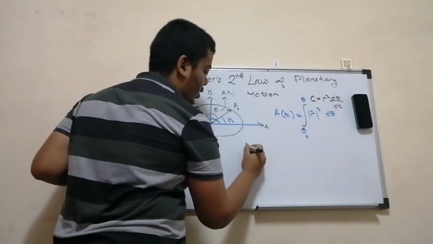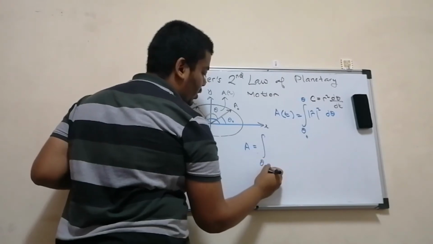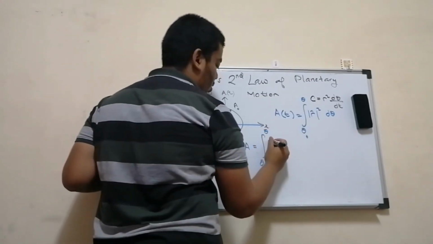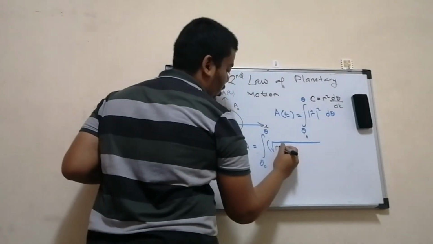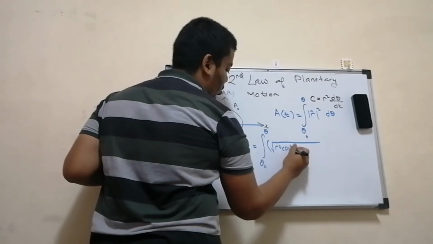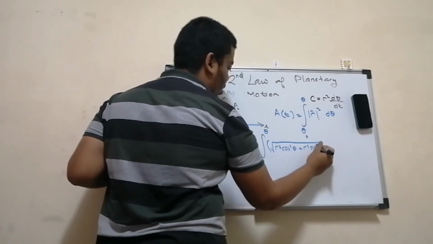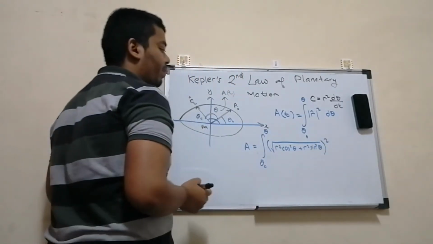So A is equal to the integration from theta naught to theta, and then we'll have the magnitude of the position vector, which is given by the square root of r squared cos squared theta plus r squared sine squared theta, whole square, d theta.